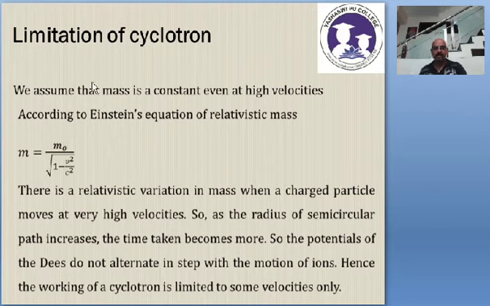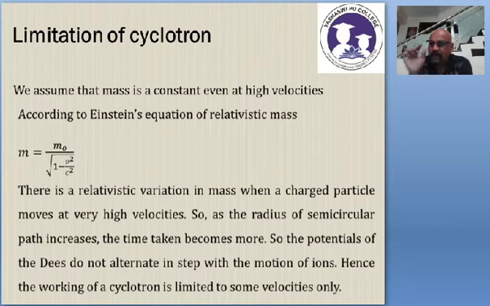Here, regarding the limitation of cyclotron, we assume that mass is constant even at higher velocities, but mass is actually not constant. Mass of a subatomic particle varies. M is equal to m naught divided by the square root of 1 minus v square by c square. Here m is the mass of the particle when it is moving with velocity v, and m naught is the rest mass when it is at rest. Mass of a body is not constant; this is relativistic variation.